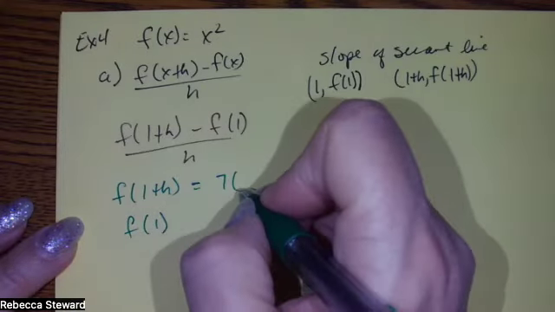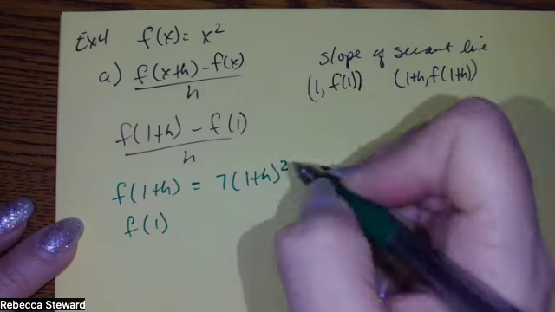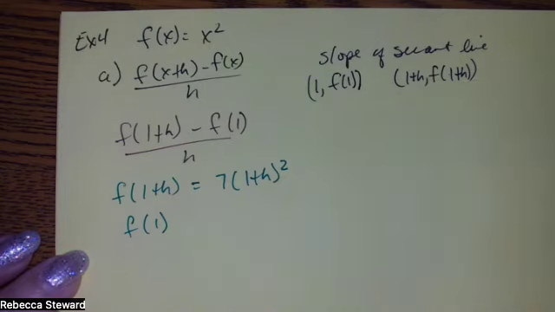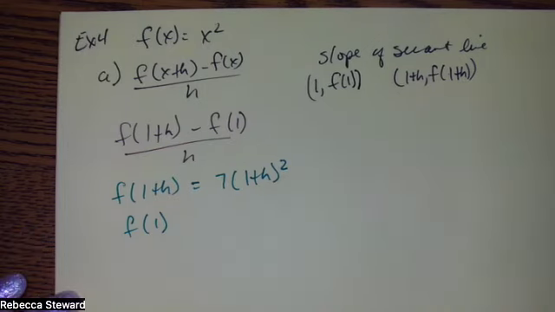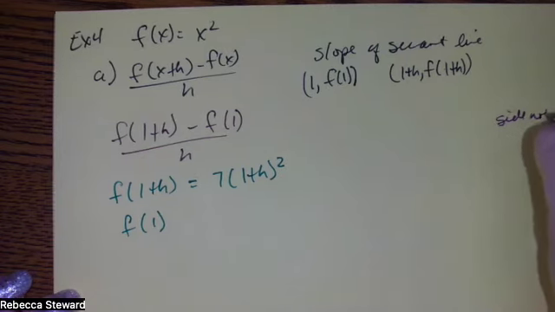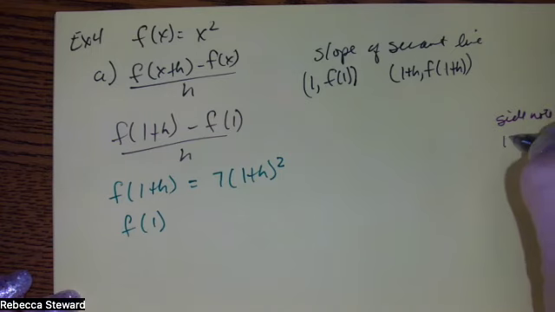So that's going to get us 7 times 1 plus h squared. This is going to be similar to what we did before. Let me do a side note over here. Our 1 plus h quantity squared is 1 plus h times 1 plus h.